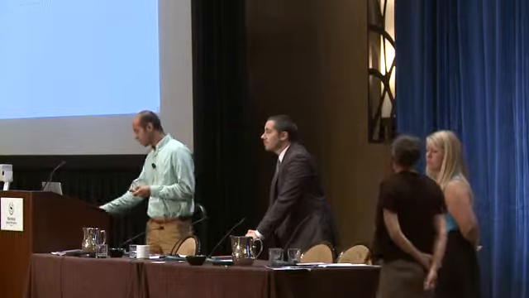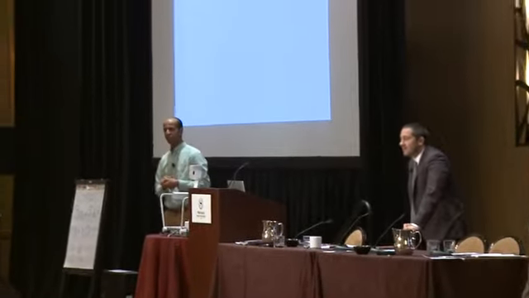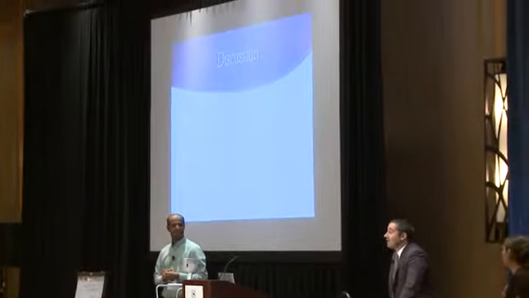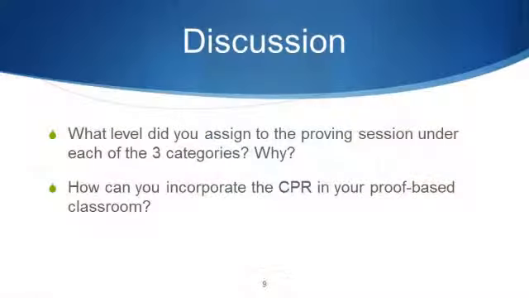We also would like your feedback on how you would incorporate or utilize the CPR in a teaching practice, whether in a transition to proof class or a different IBL setting. So can anybody come up to the mics and share what you scored each of the 3 categories for this attempt? And if not, why could you not score them?